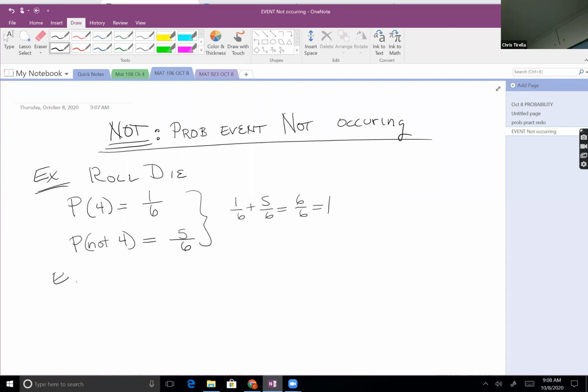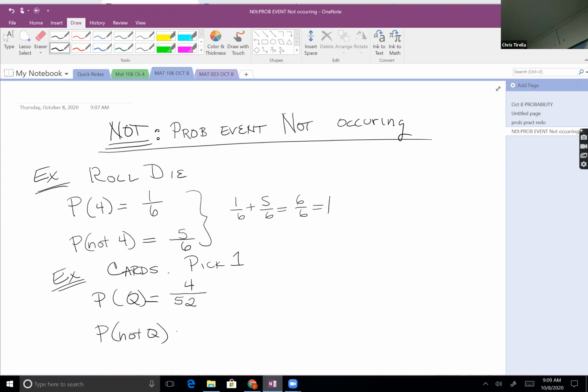Another example, let's say I have a deck of cards. I pick one. What's the probability that I get a queen? 52 cards in the deck. How many of them are queens? 4 out of 52. So what's the probability that I don't get a queen?